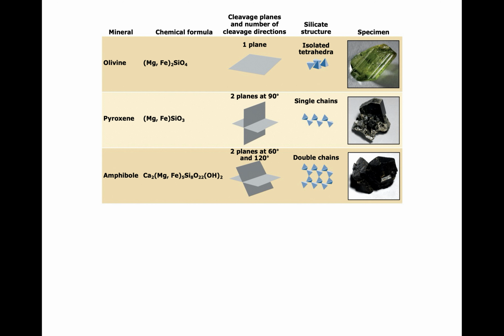Here we have two planes, and they cross at an angle of about 60 and 120 degrees. To be totally correct, the angles should be 56 and 124. The amphiboles form double chains of tetrahedra, and on the right hand side we have a nice picture of an amphibole hand specimen.